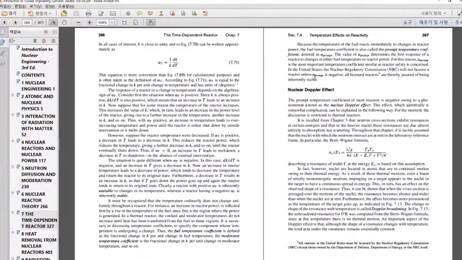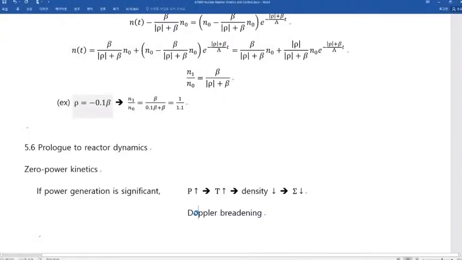And this negative feedback effect is mainly given by Doppler broadening, because the reactor power immediately affects the fuel temperature, even though there is some time lapse before the coolant temperature is affected by the increased power.